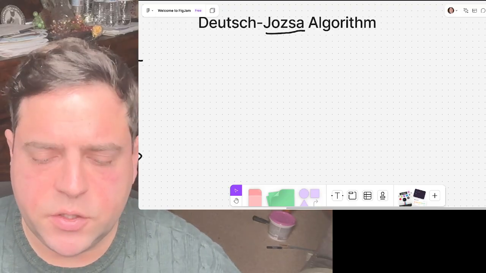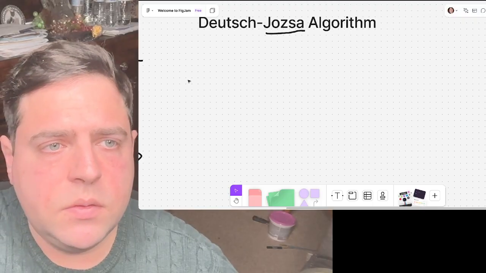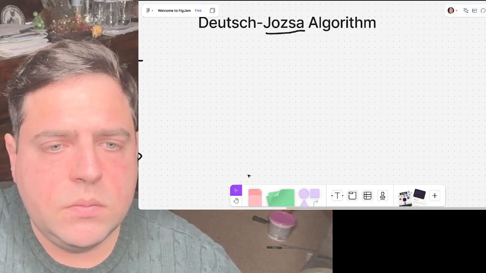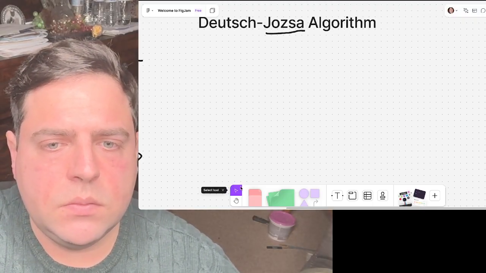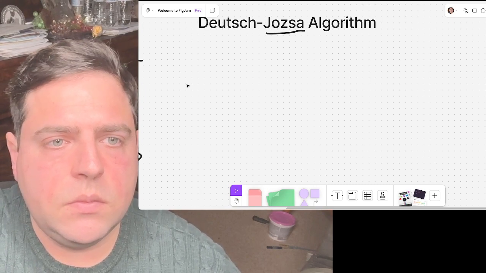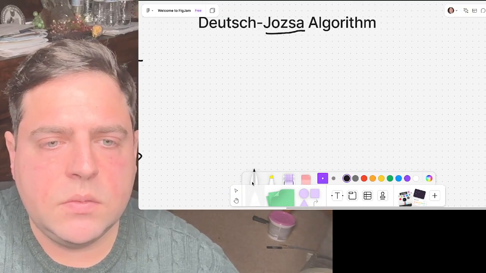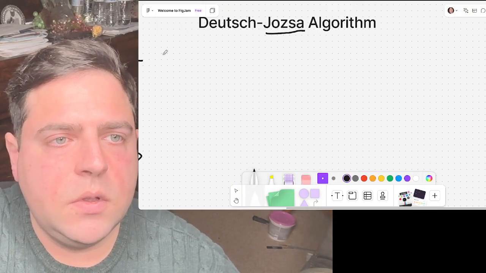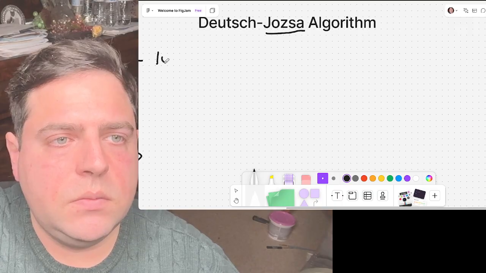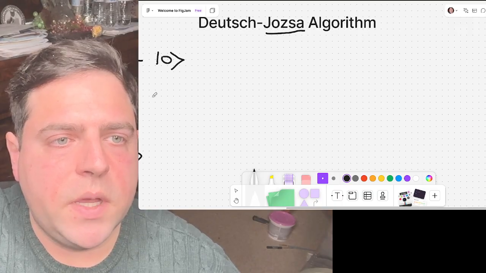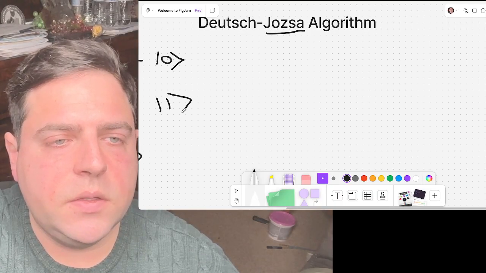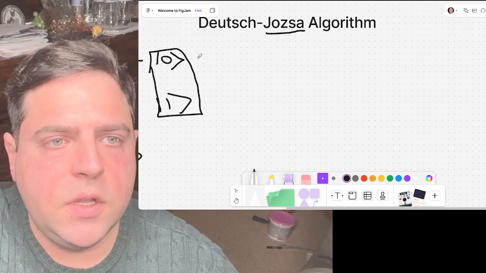Let's refresh the circuit from last time. So we had this and we had that as the 2-qubit register. That was the input to the circuit originally.